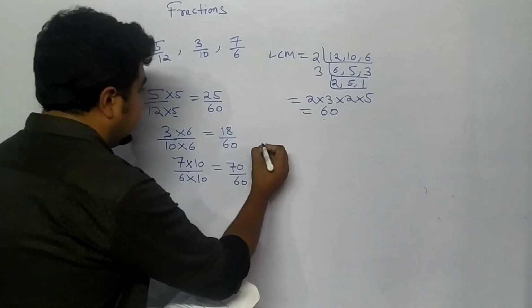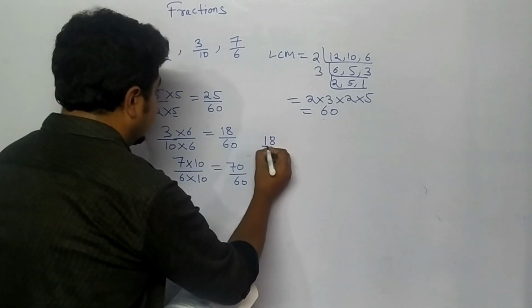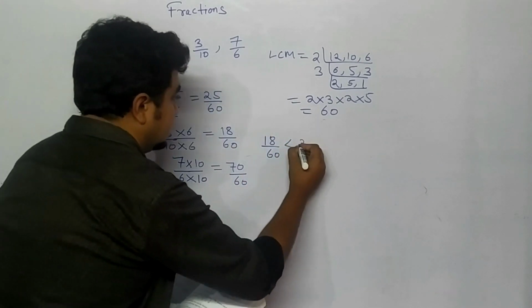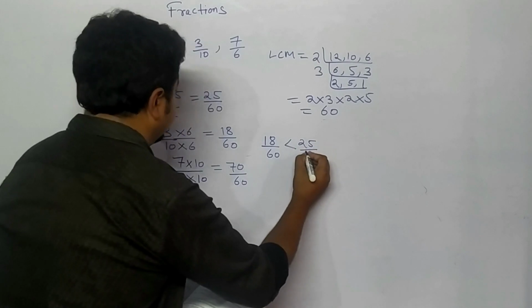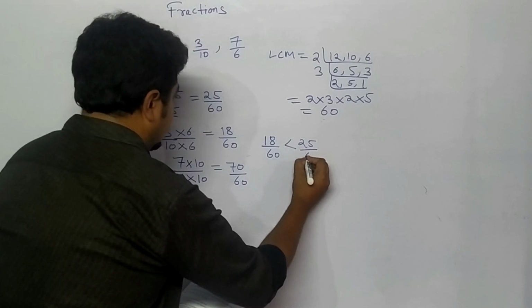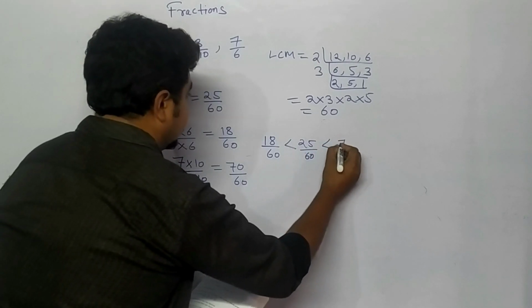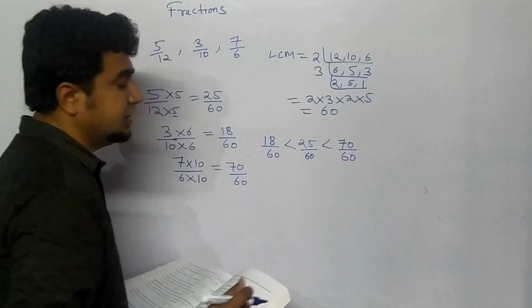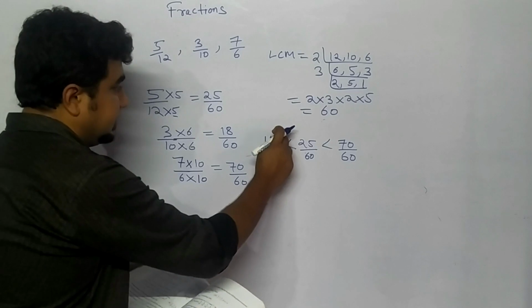Now among these, which number is smaller? 18 by 60, then 25 by 60, and last is 70 by 60. Similarly, if you want to arrange in descending order, you just have to change the sign here.